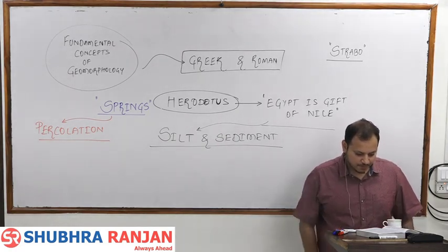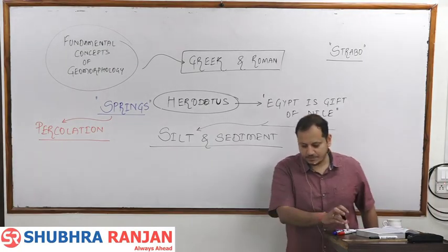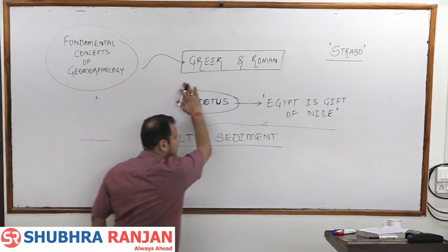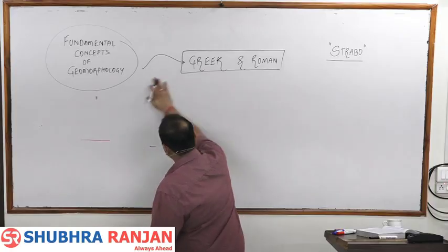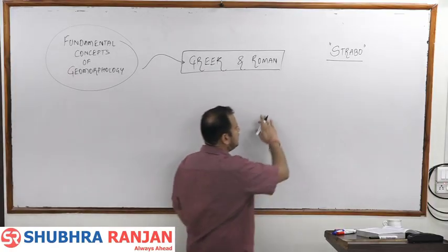And said that deltas vary because of the nature of the rocks and the erosional capacity of the river.